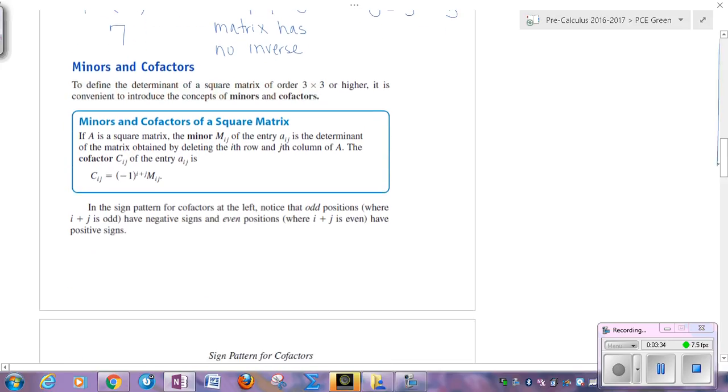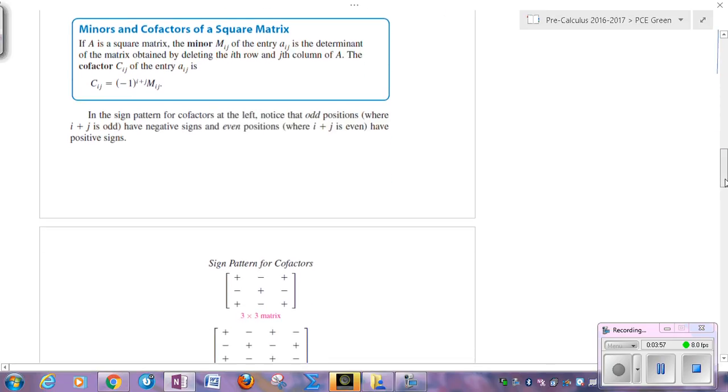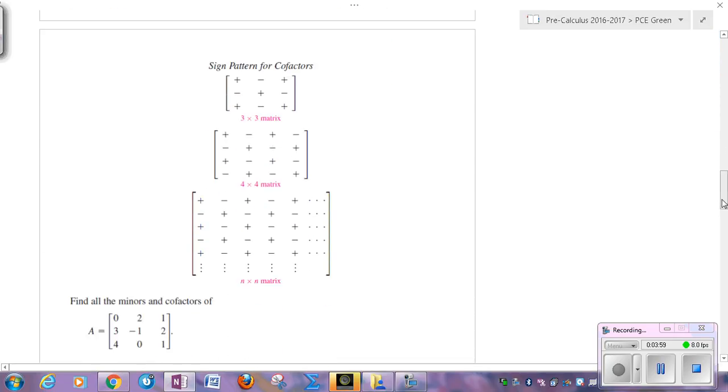So we need some other values which are referred to as minors and cofactors in order to help us find the determinant. So to find the determinant of a square matrix of 3 by 3 or higher, we have to find these minors and cofactors. Okay, so it's easier if I just show you. There is a pattern for your cofactors.